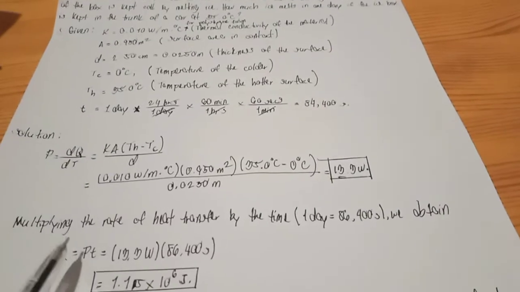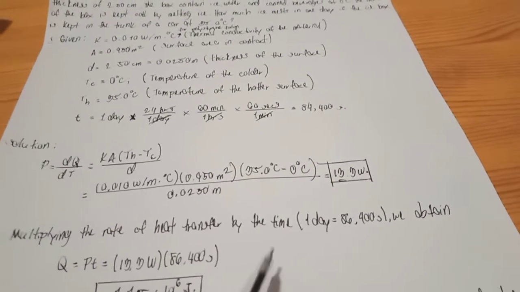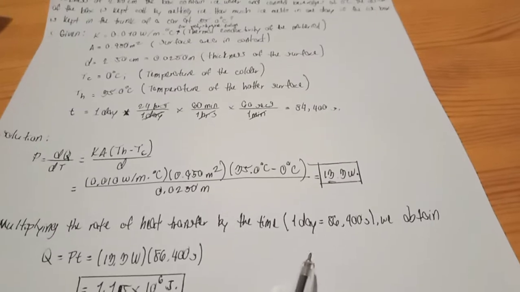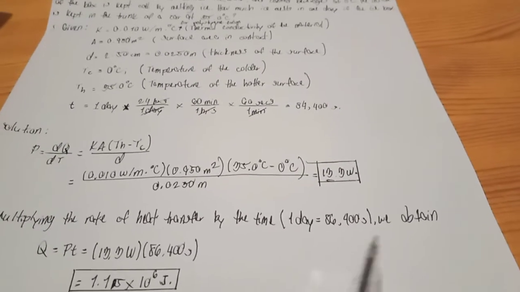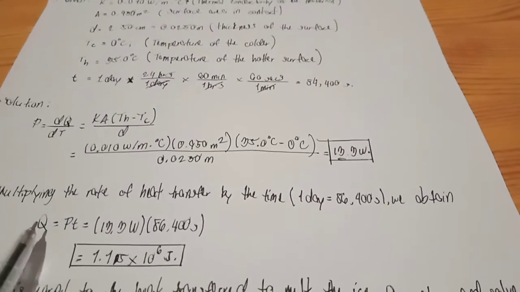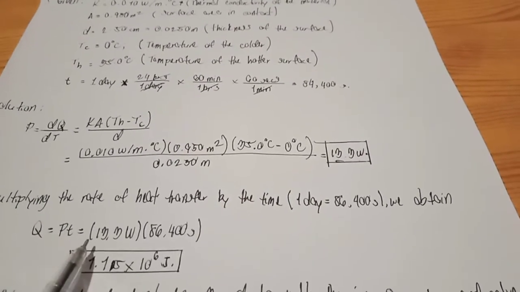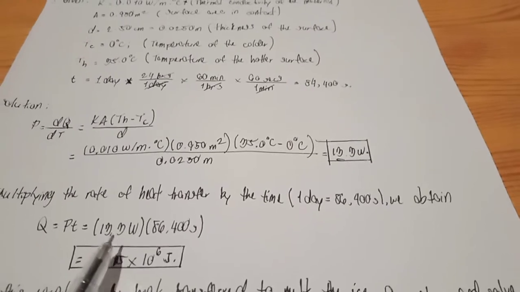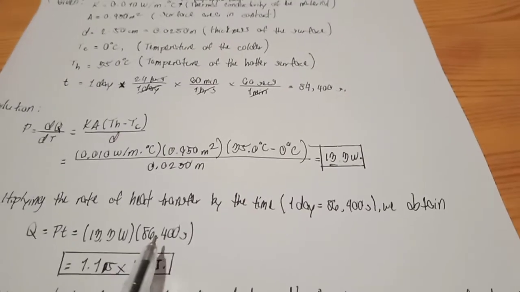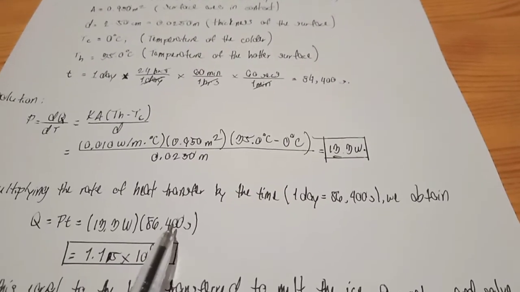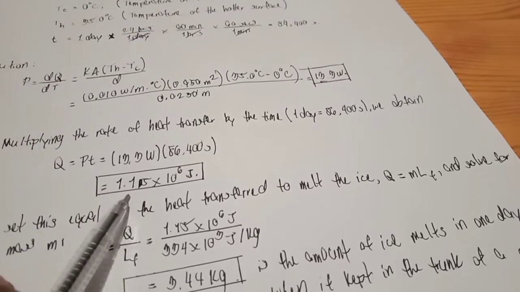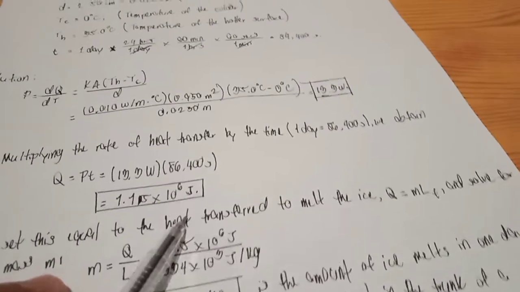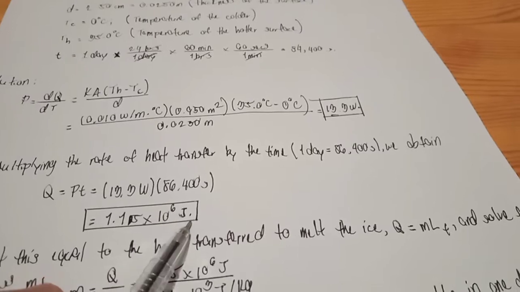Then multiplying the rate of heat transfer by the time, 1 day is equal to 86,400 seconds, we obtain Q is equal to PT is equal to 13.3 watts times 86,400 seconds. So this is the answer, 1.15 times 10 raised to the power of 6 joules.